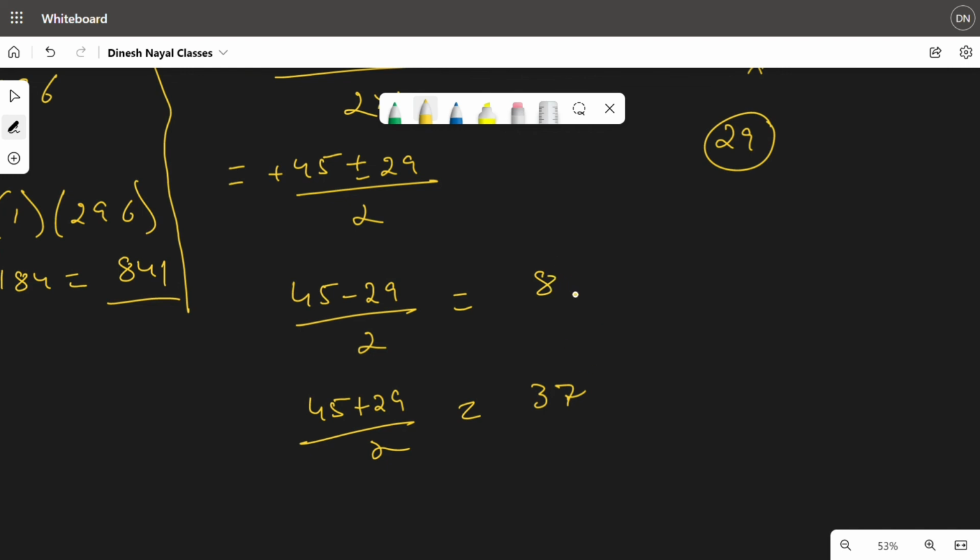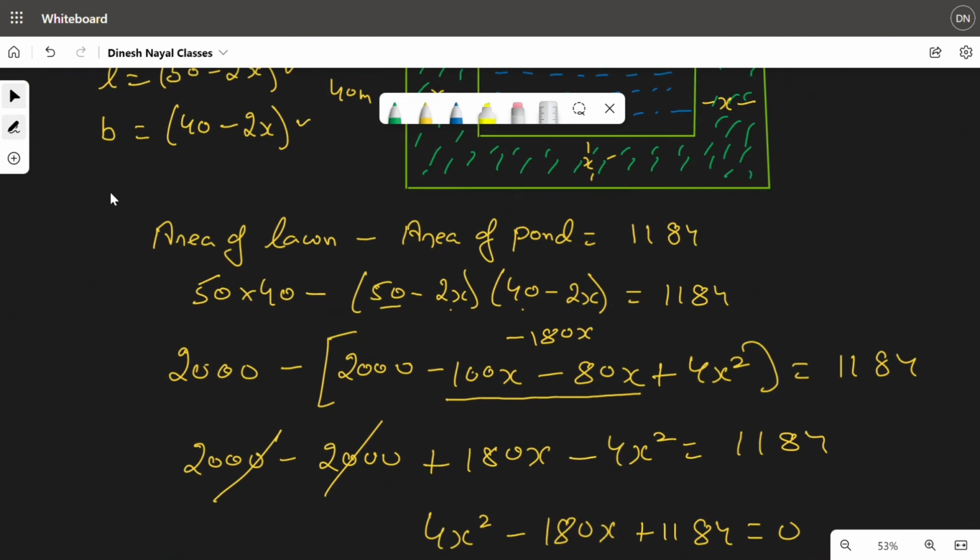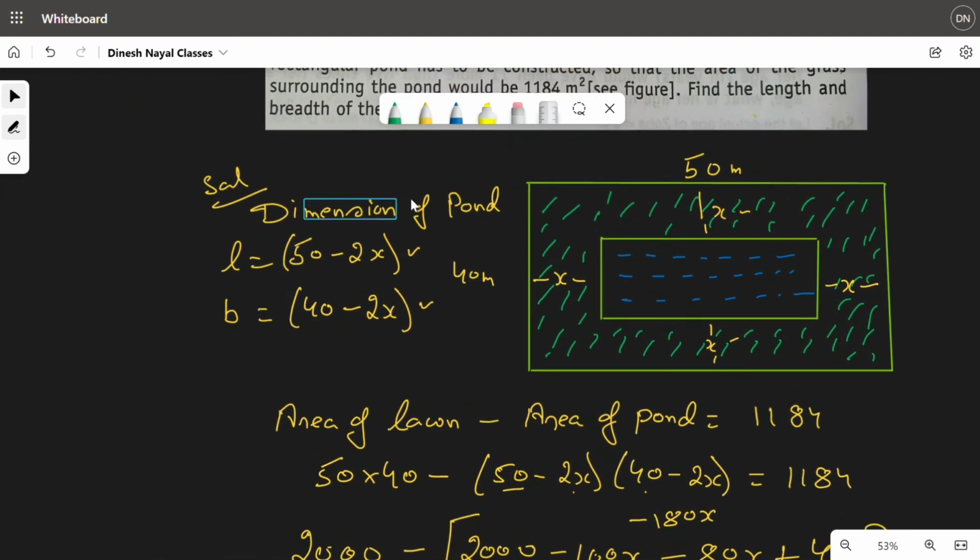Now we have to check these. When we take x equals 8, what will be the dimensions of the pond? The dimension of the pond is 50 minus 2 into 8, which is 16, so 50 minus 16 is 34.